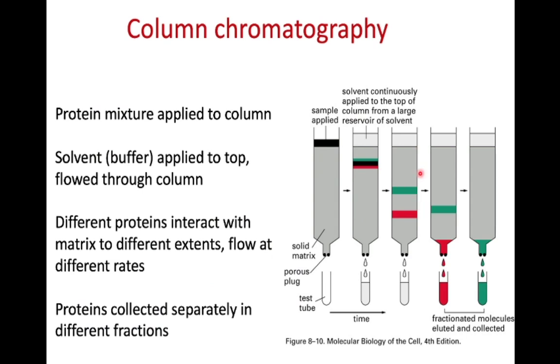And so the column starts to separate, and the proteins are collected into different fractions. Here we've got the red protein and the green protein. You can see that the red protein has been eluted off first, and then the green protein is eluted off next. So we separate them into different fractions, and that's a way of purifying or separating those protein populations.